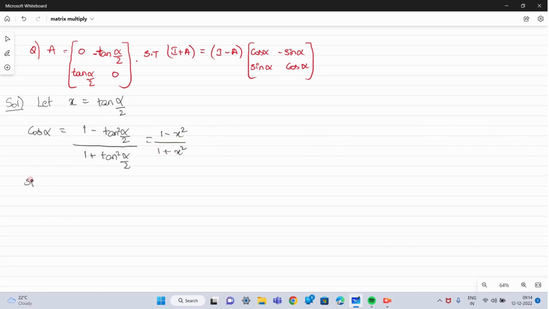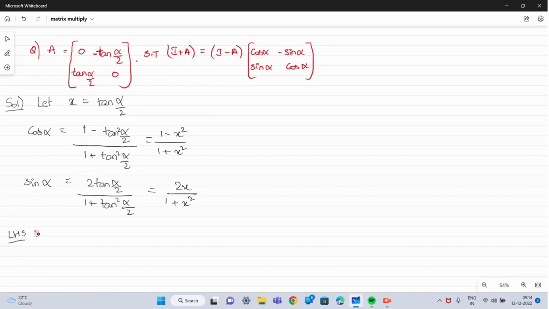Similarly, write sin alpha in terms of tan alpha by 2. You'll get 2 tan alpha by 2 over 1 plus tan square alpha by 2, which is 2x over 1 plus x square. Now solve the LHS.